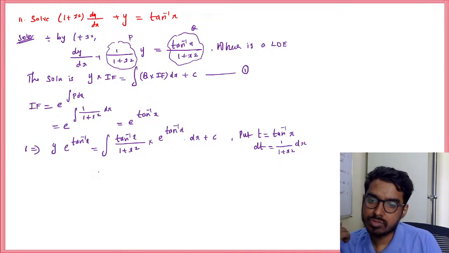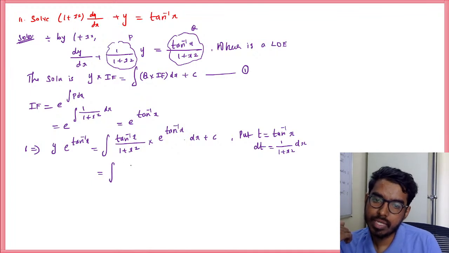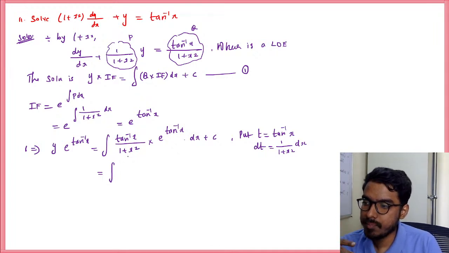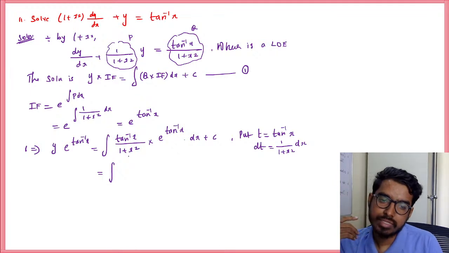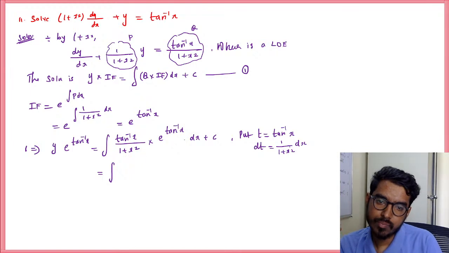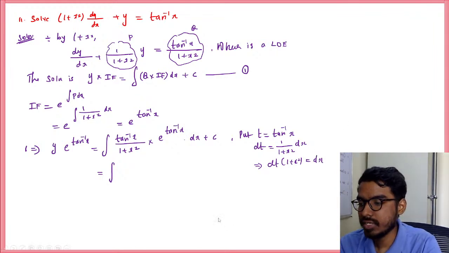So therefore, dt into 1 plus x square is equal to dx, right? I think it is visible.